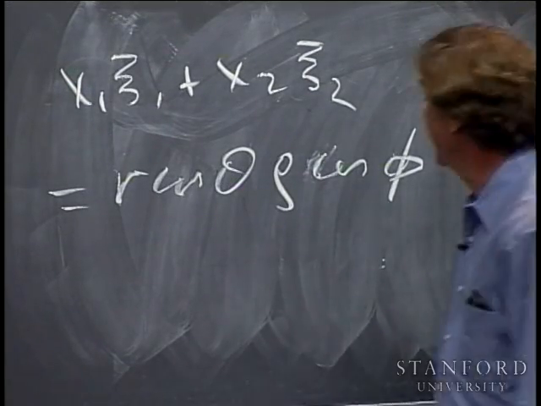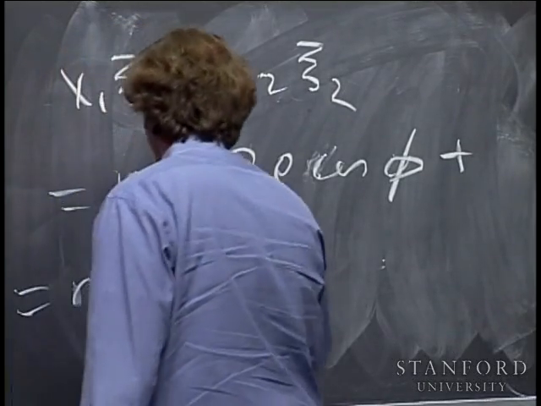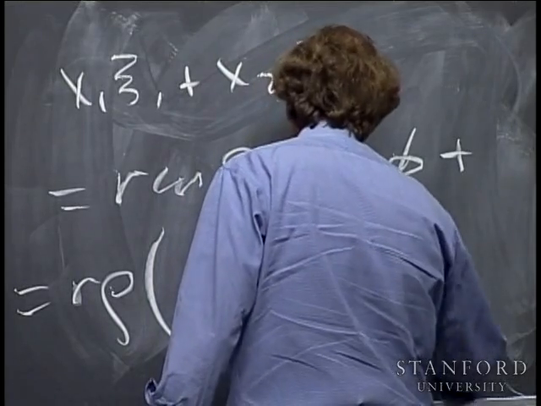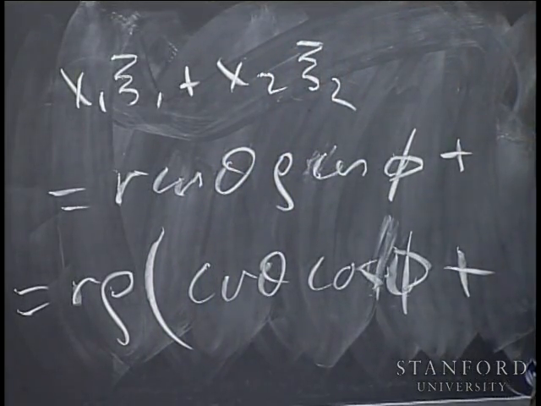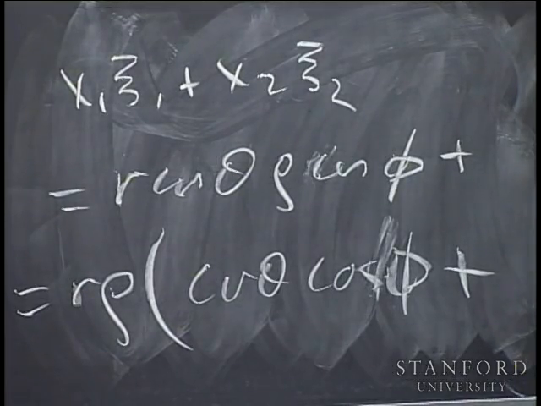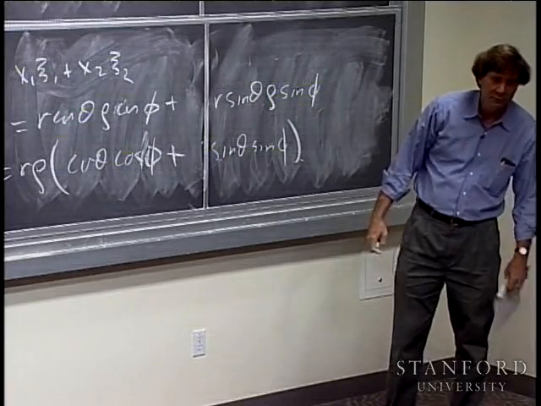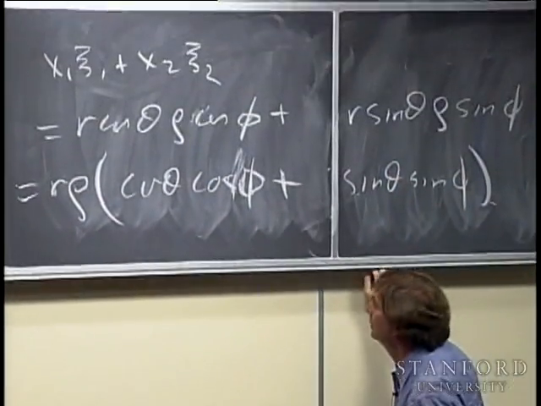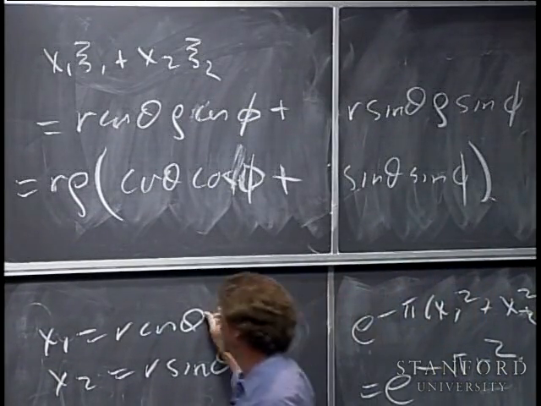The r and the rho factor out of both terms. That's r rho times cosine theta cosine phi plus sine theta sine phi. And if you remember your addition formulas for the cosine, and I'm sure we all do, that is r rho times cosine of phi minus theta.